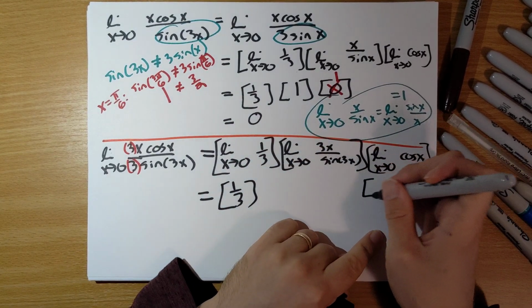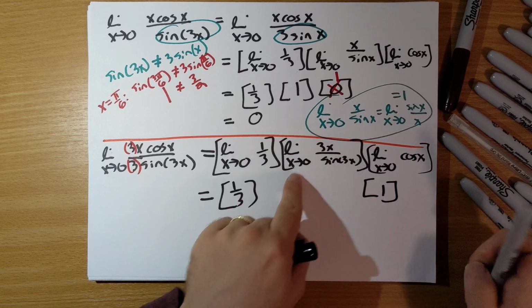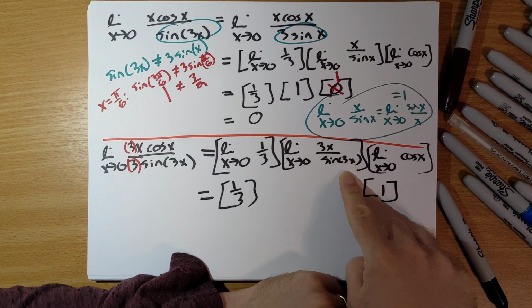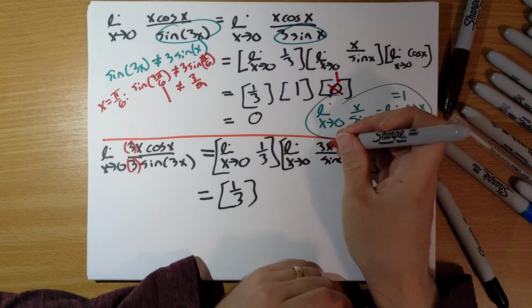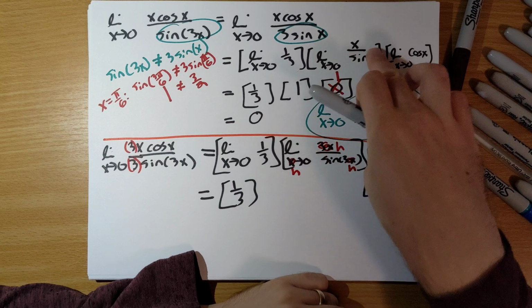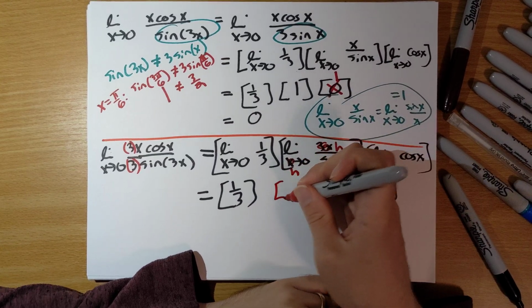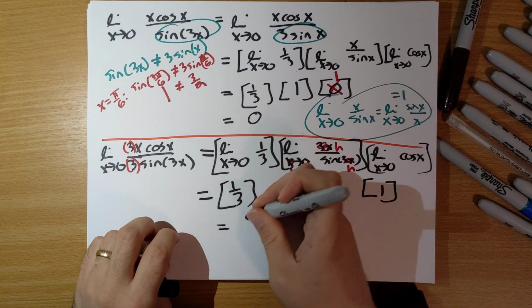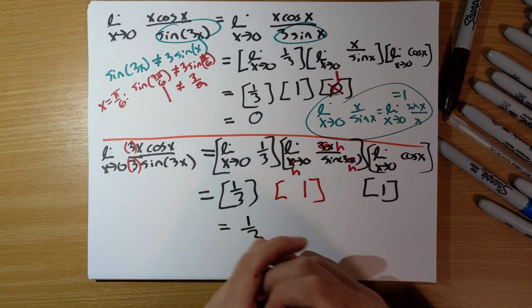This limit here we said was 1. And this limit, if we replace 3x up in here with like an h, we can see that this limit is also going to be 1. So 1/3 times 1 times 1 gives us 1/3.